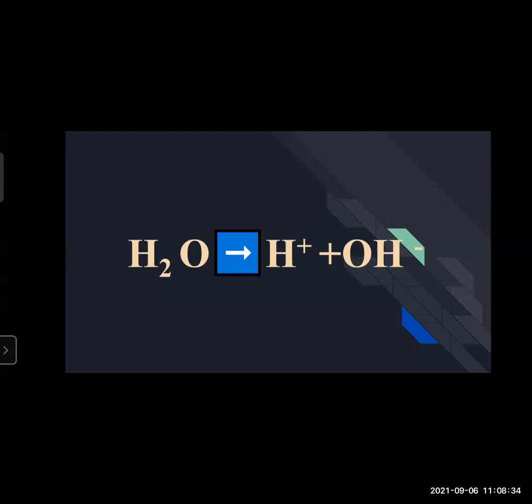It is necessary for blood, cell sap, etc. to have H plus and OH minus ions in a certain definite proportion for their functioning.